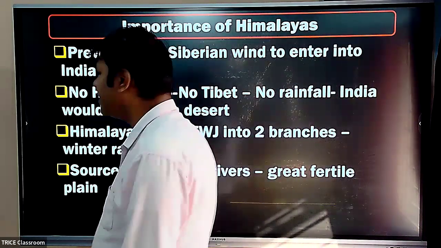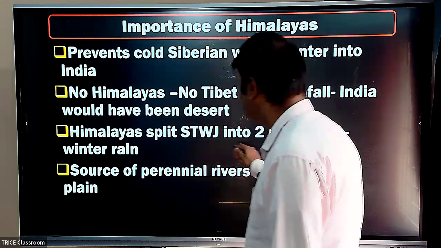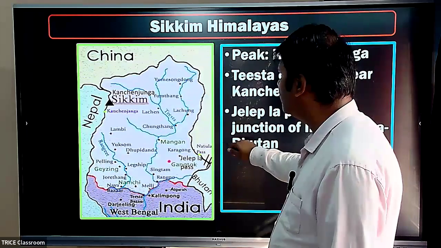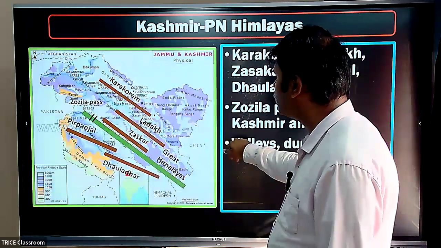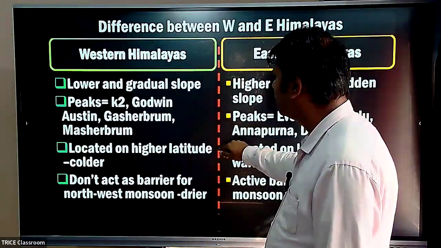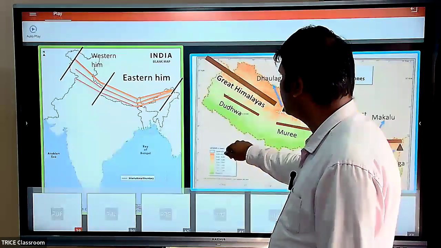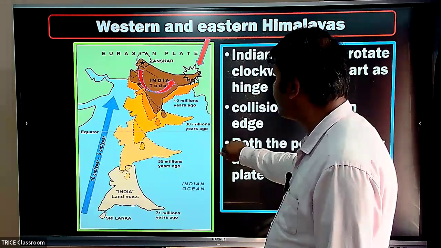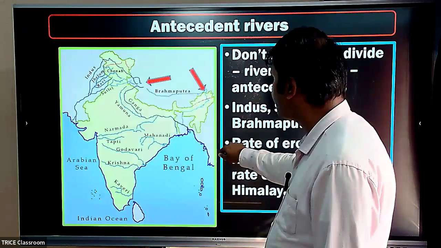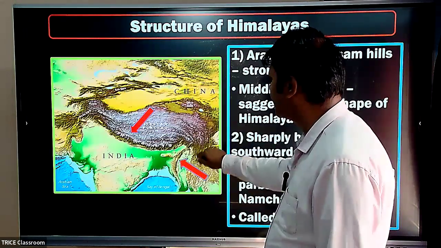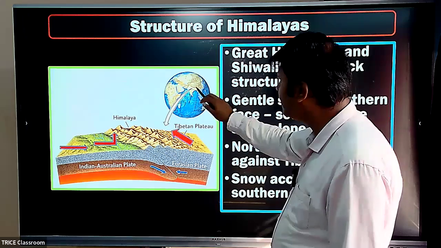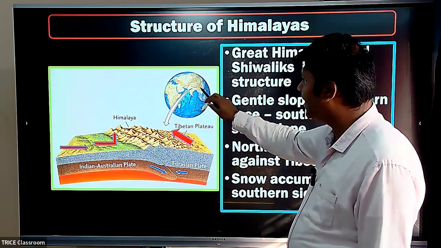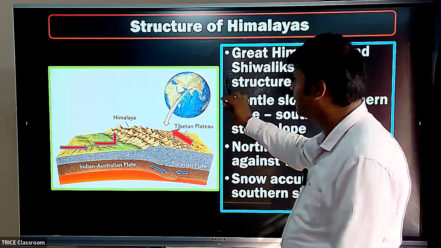Right? Why is the Himalaya very, very important? Imagine, let me take you back to the picture where the Himalayan mountains were shown. Yes. Can you see this part of the earth? Here you can see the Himalayas, the big mountains, right?